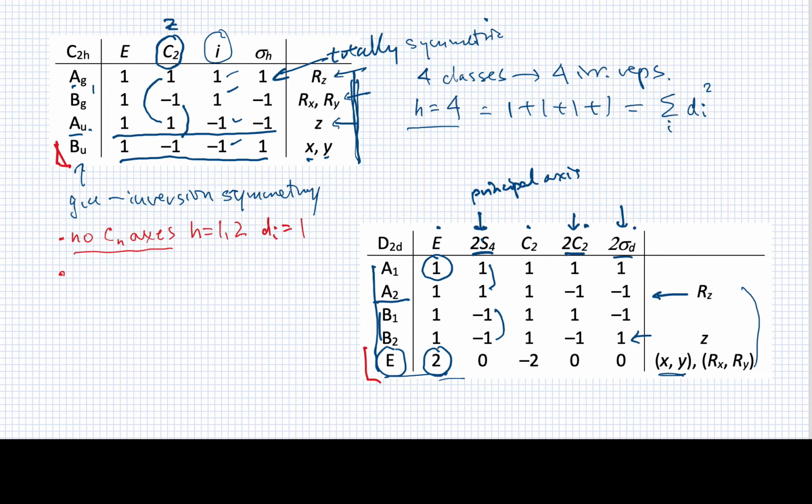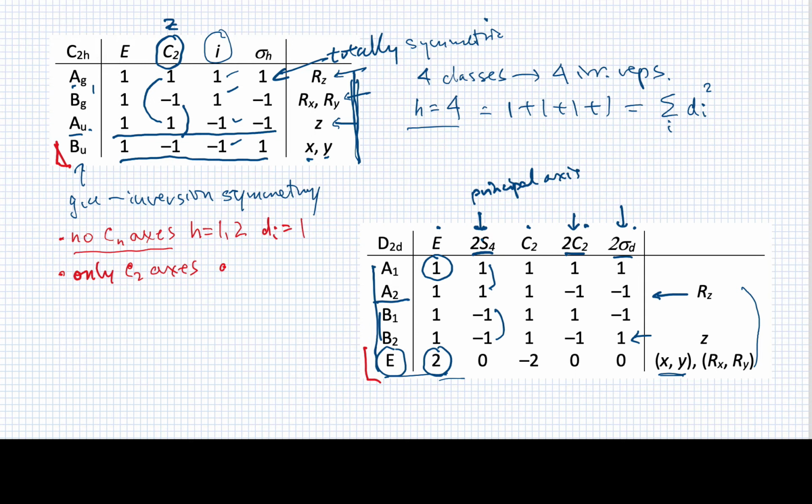If I have only C2 axes, remember C2 is a rotation through pi, that means I can align the C2 axes and any reflection planes along the Cartesian coordinate system.